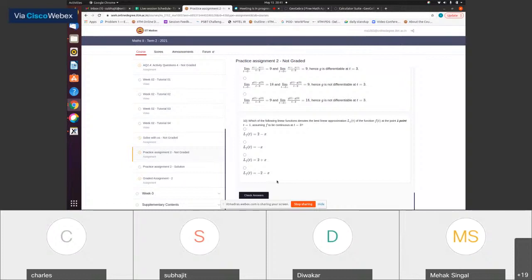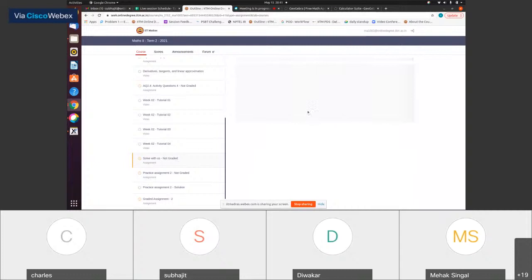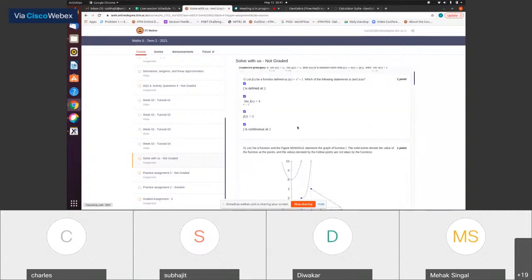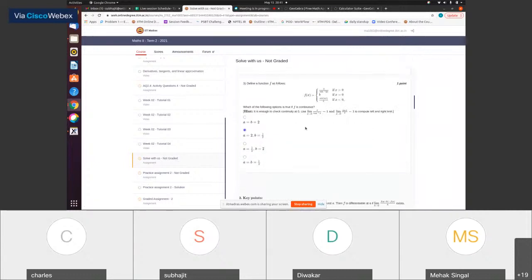Solve with us question number 3. The answers are given here, right? No, I did not understand the hint. What exactly do we need to do here? So this is again a piecewise function. For x strictly greater than 0, the function is x by tan inverse 2x, right?